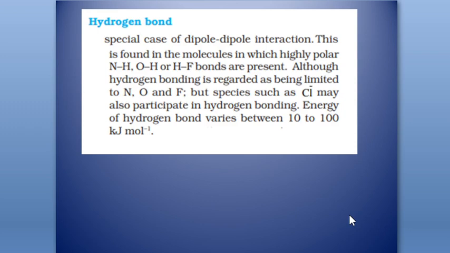The energy of hydrogen bonding varies between 10 to 100 kilojoule per mole. So due to this hydrogen bonding interaction, H2S molecule is gaseous but water molecule is liquid due to the presence of three-dimensional hydrogen bonding interaction.